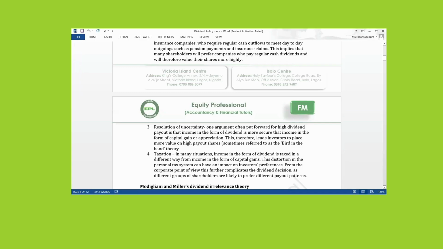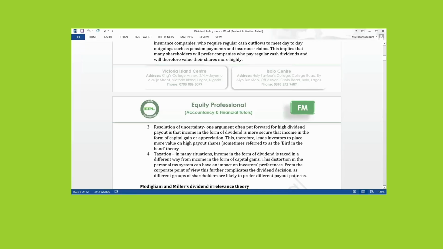When a company pays dividends regularly to the shareholder, that resolves uncertainty surrounding capital growth. One argument often put forward for high dividend payouts is that income in the form of dividends is more secured than income in the form of capital growth or capital gain.